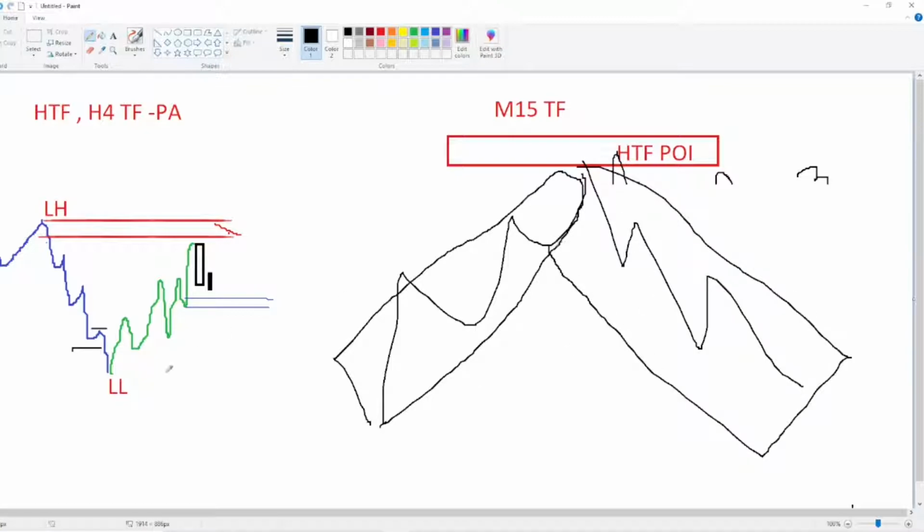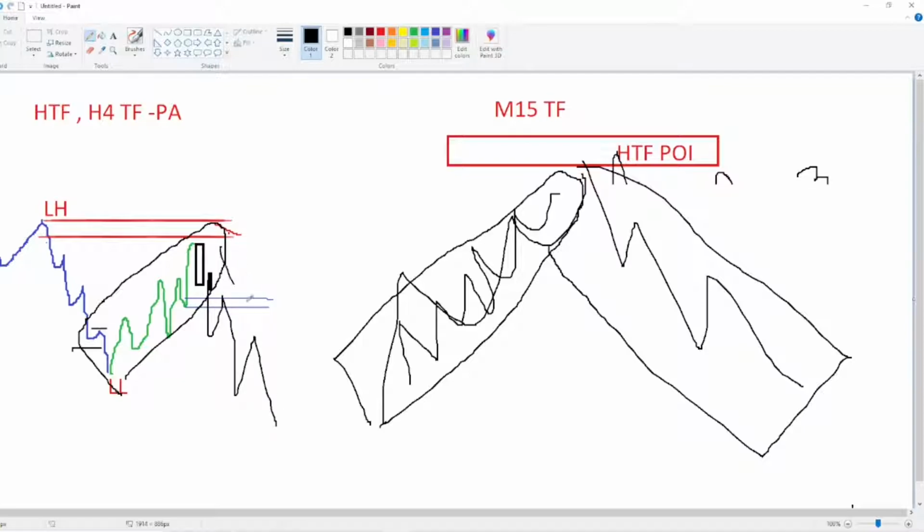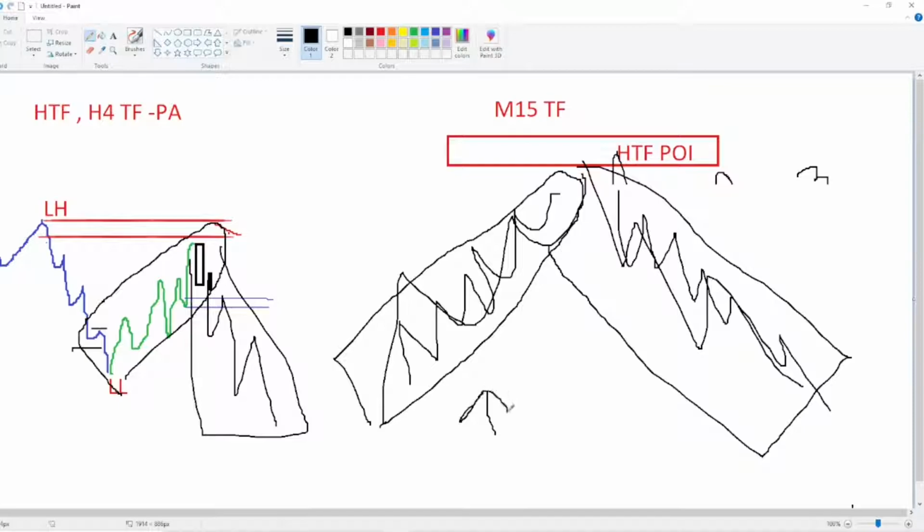Okay, this is the first leg on the higher time frame, and on M15 this is the first leg M15, and here is the second leg of the higher time frame, and here is the lower time frame second leg. When you know how to read the first leg and then the second leg, this leg is easy to read. Now I am trying to teach only the second leg.